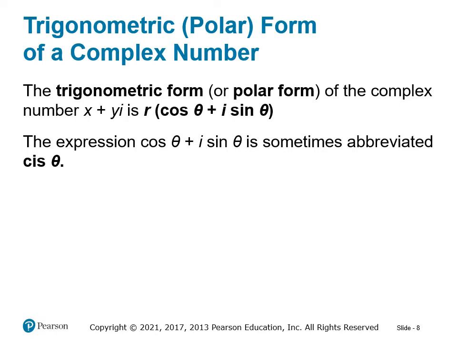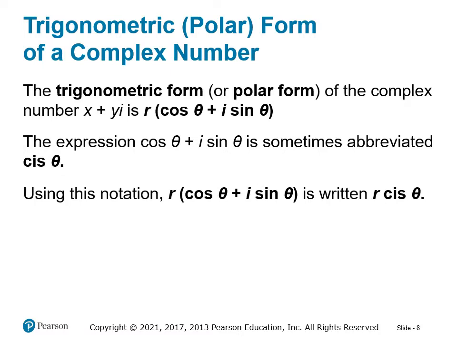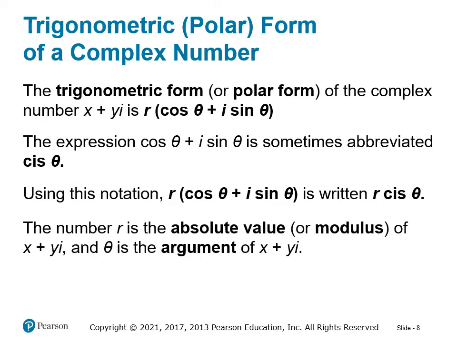The expression cosine theta plus i sine theta is often abbreviated as cis theta, okay? Using this notation, r times cosine theta plus i sine theta is written r cis theta.